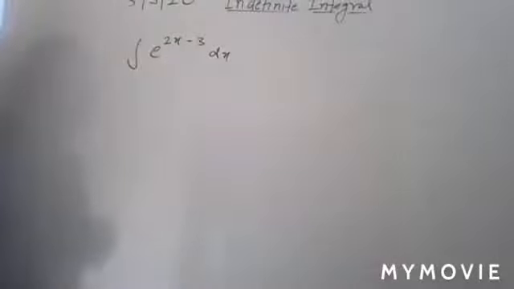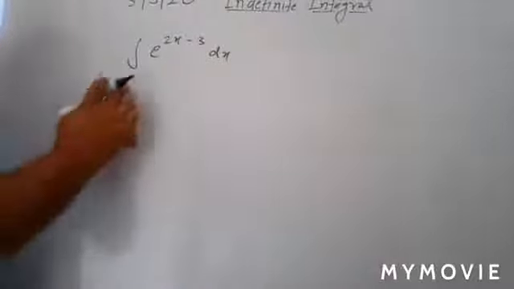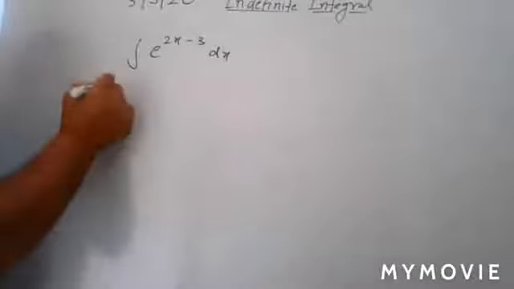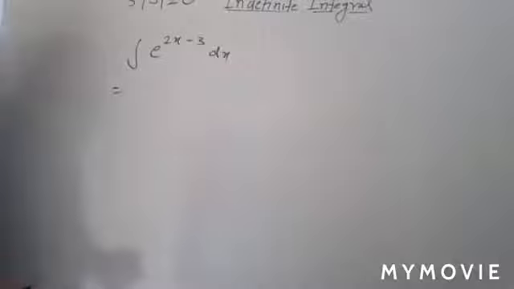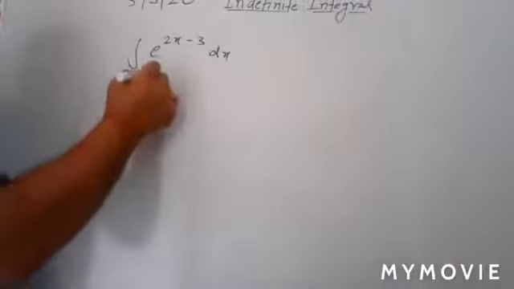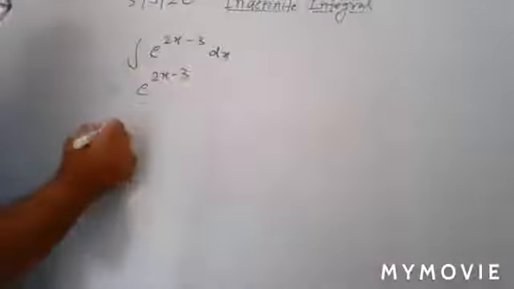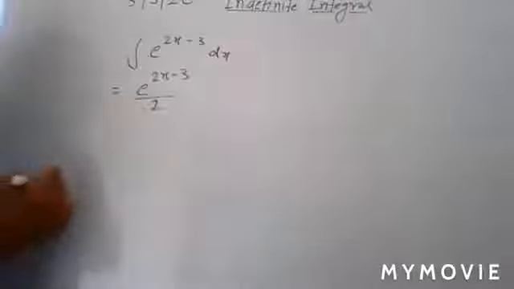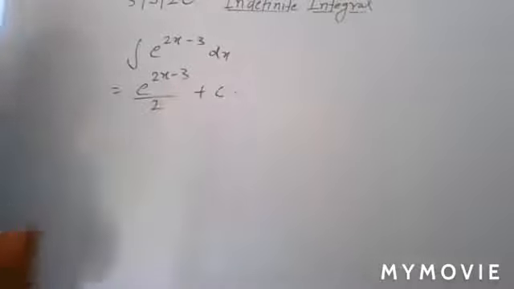What is its value? If you compare it, it is in the form of e to the power x, and the integration of e to the power x is e to the power x. So you write e to the power 2x minus 3 divided by the coefficient of x, which is 2, plus c. That is your answer.